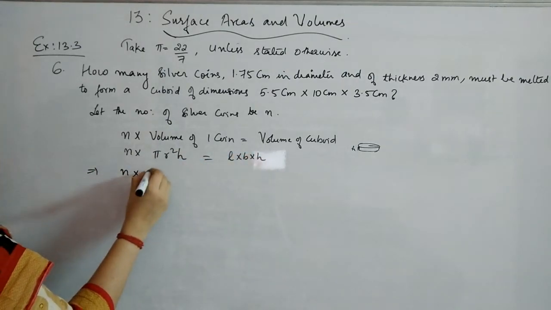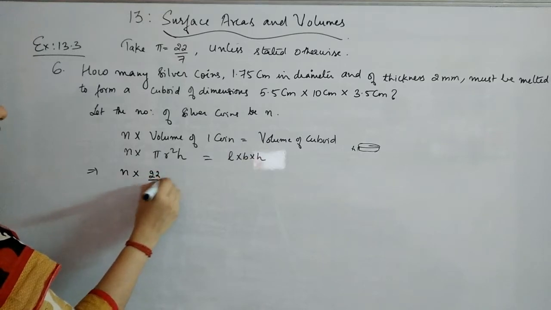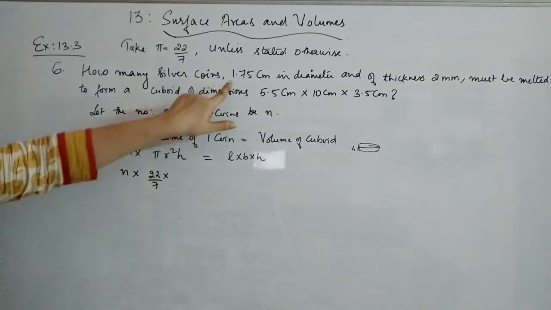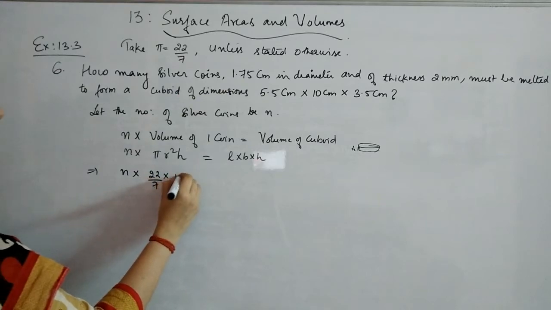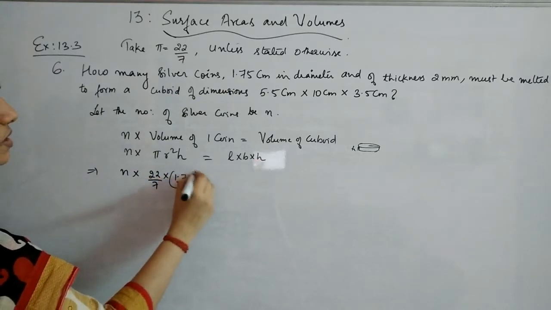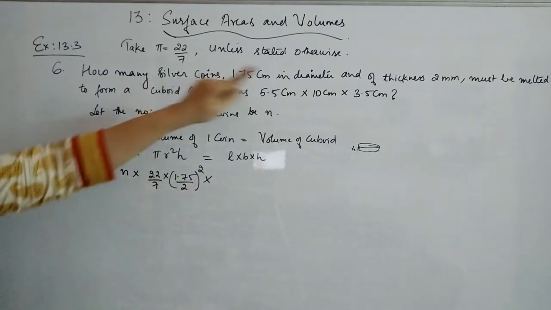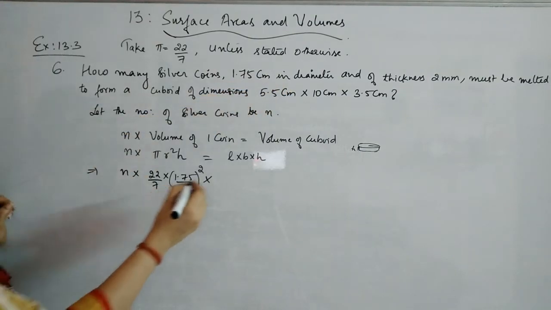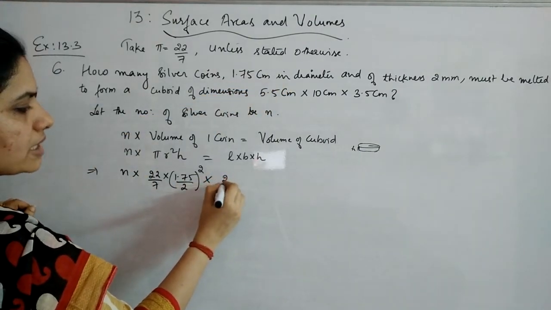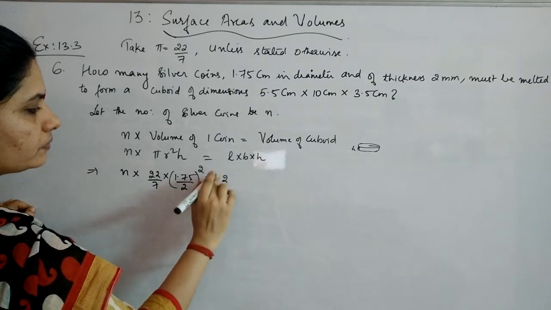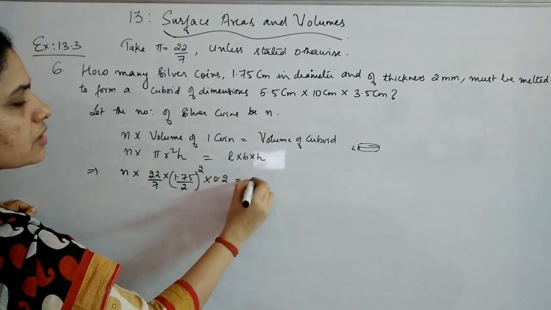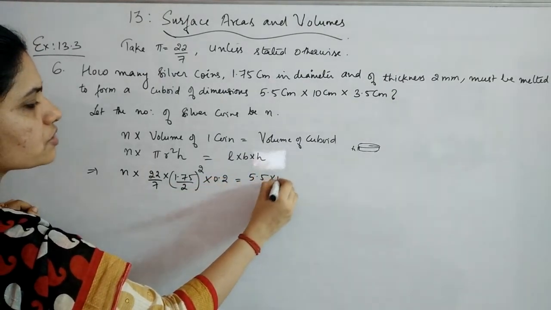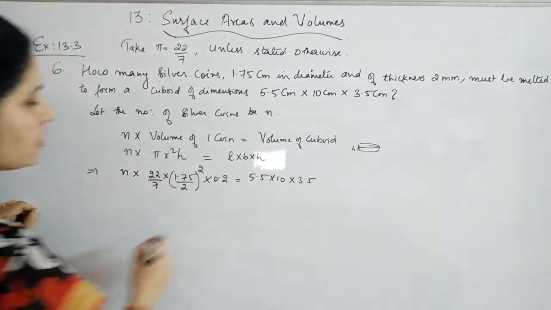Again, n into pi, 22 by 7, into r is 1.75 by 2, 1.75 by 2 the whole square, into h. Again, thickness is in millimeter, so you have to convert it as 2 by 10 or 0.2. 0.2 is equal to lbh, 5.5 into 10 into 3.5.